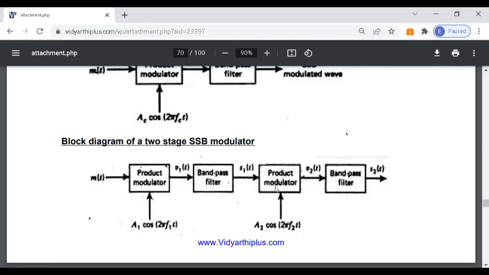And now you get a signal out here of your bandpass filter. Right?